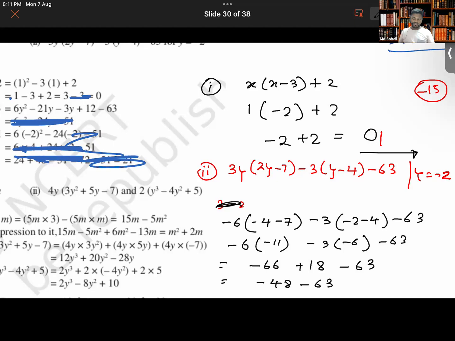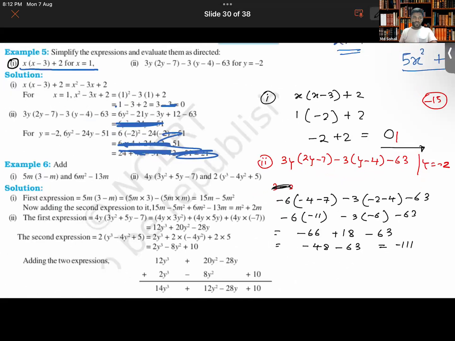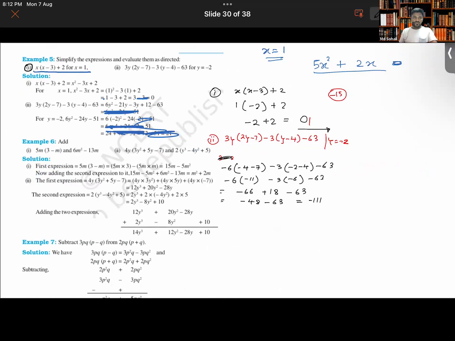It's 111 with a minus sign. Getting it? Yes, sir, I got it too. I subtracted it. Okay, no issue. Arhan, you got it. Okay, very good. So that is how we are required to solve such questions.